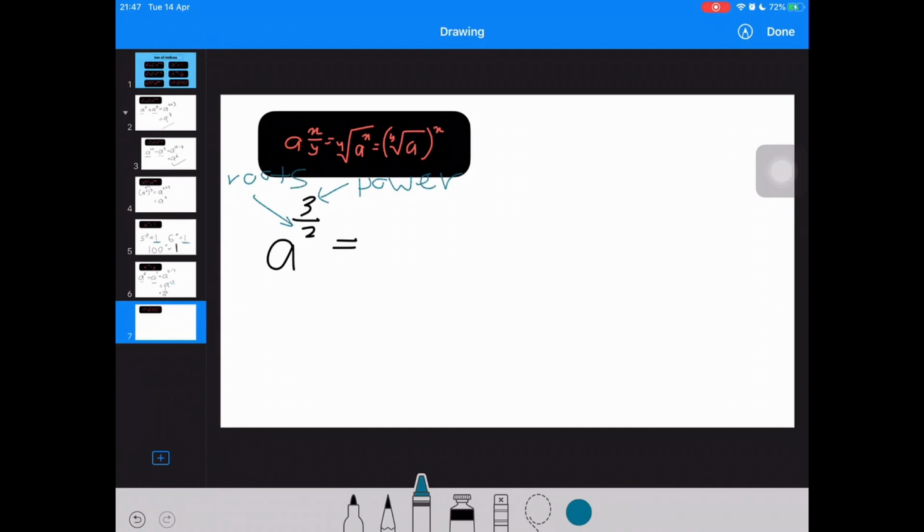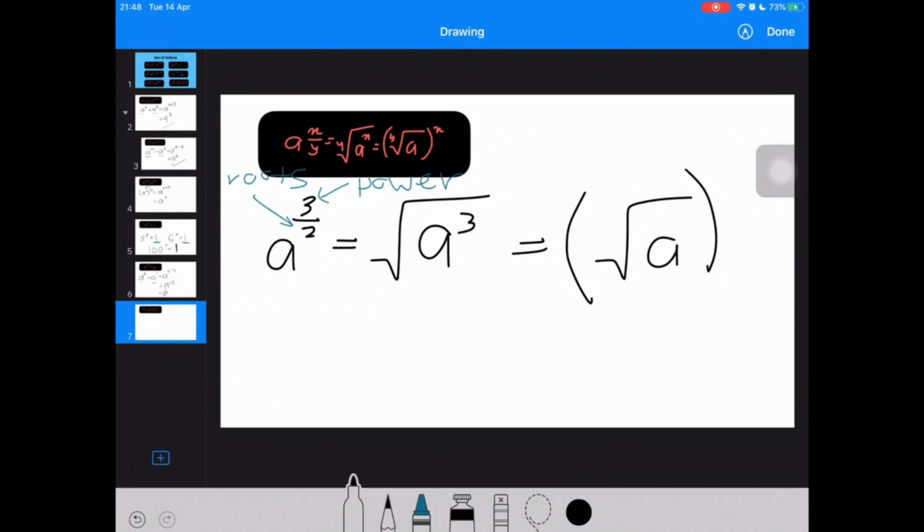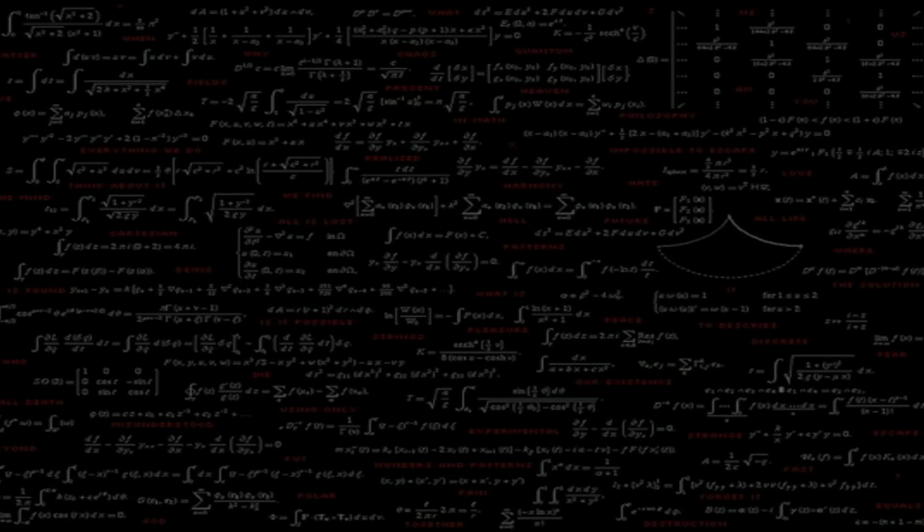The easy way for me to remember which one is power and which one is root is that the upper part is more power than the lower part. You can easily memorize it like that. So the root is 2, so we need to take the square root, and the power is 3.